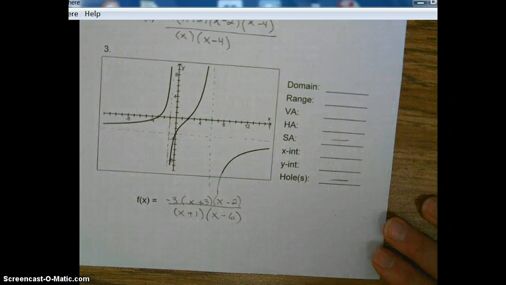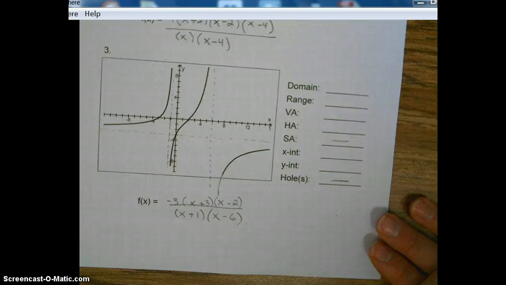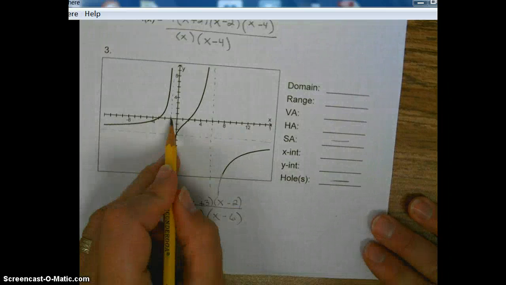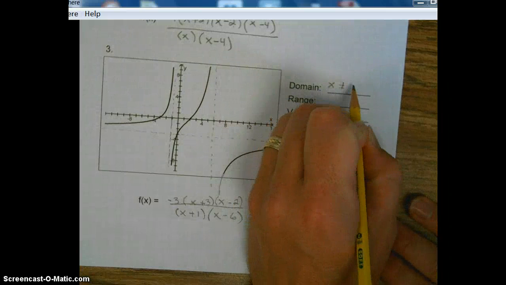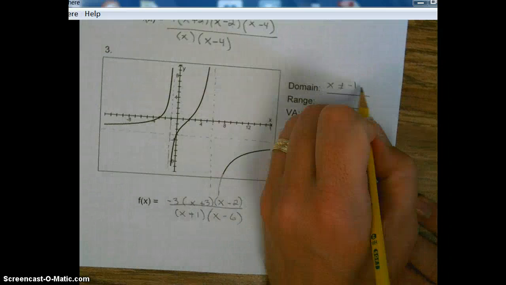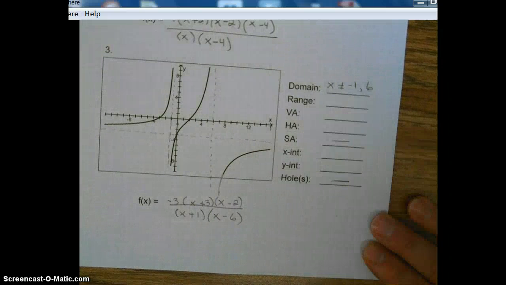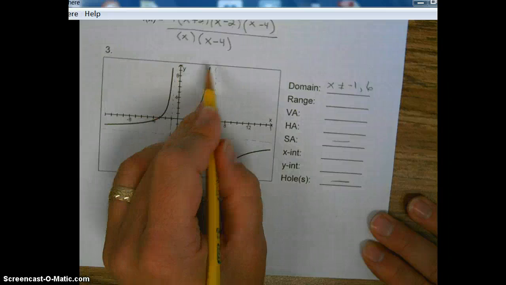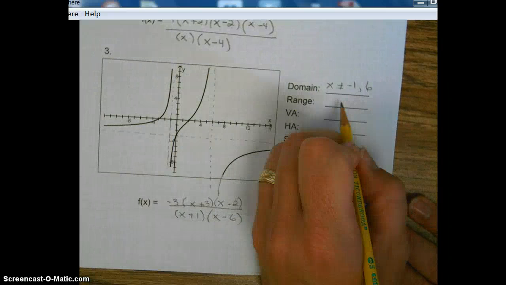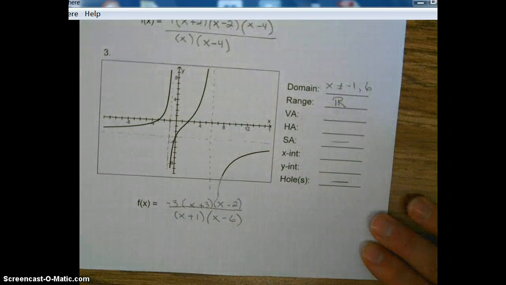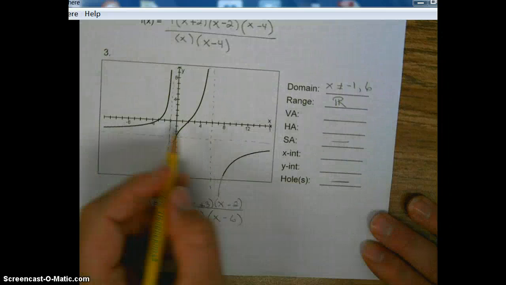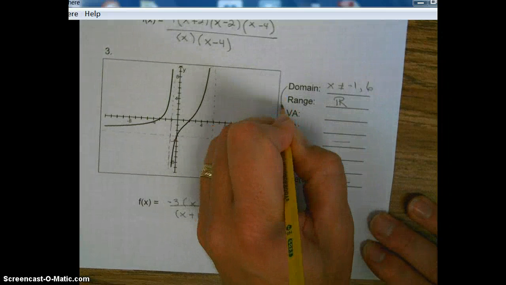And domain, we'll do the domain just for fun. X cannot be -1. X cannot be 6. Range goes up infinitely, goes down infinitely, so all real numbers. Vertical asymptote goes with domain.